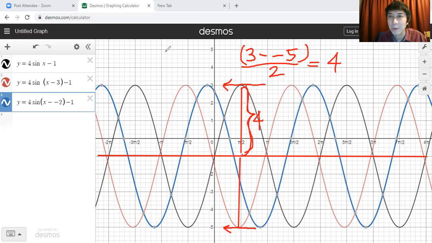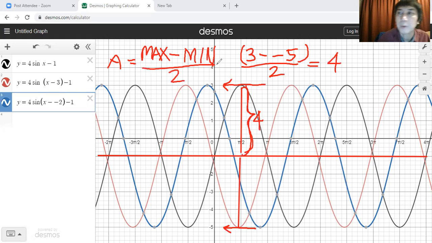So remember the formula. The amplitude is the maximum minus the minimum divided by 2. And make sure you include signs.